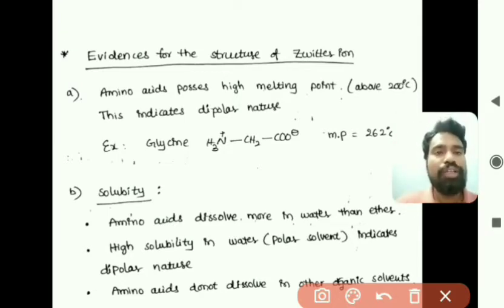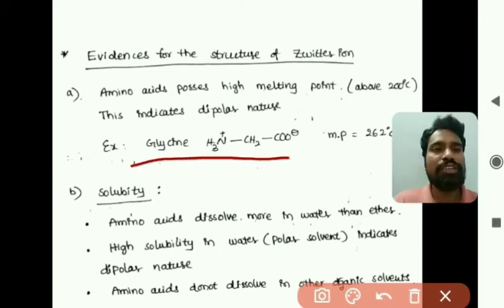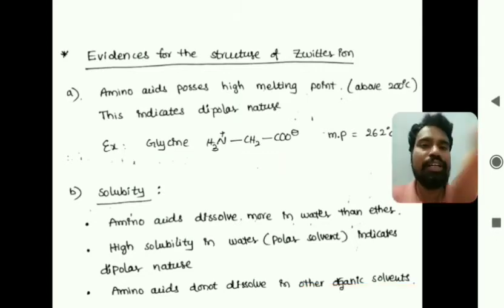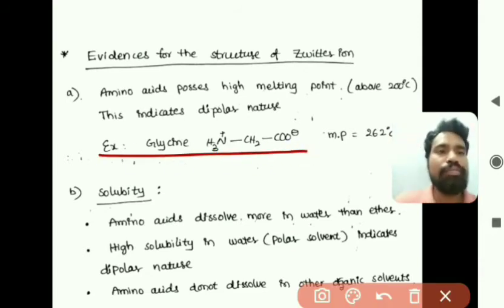In the case of glycine, that is NH3 plus CH2 COO minus, the melting point is 262 degrees centigrade. So a high melting point indicates that alpha amino acids exist majorly in the form of dipolar ions, not in the form of chargeless molecules. So a high melting point indicates the presence of a dipolar structure.